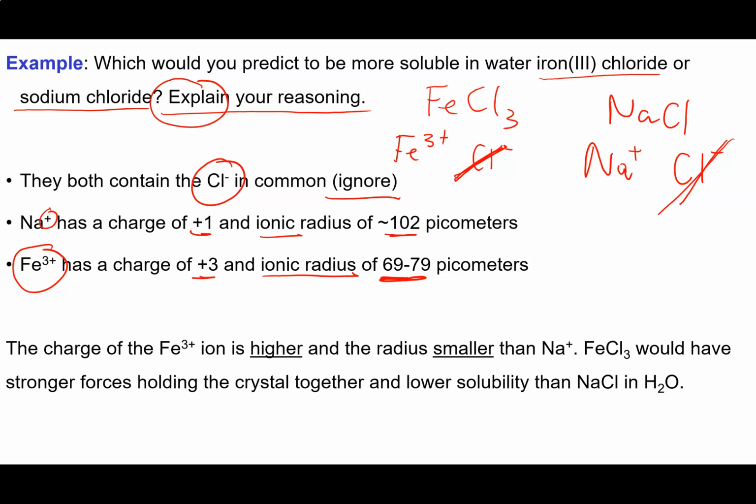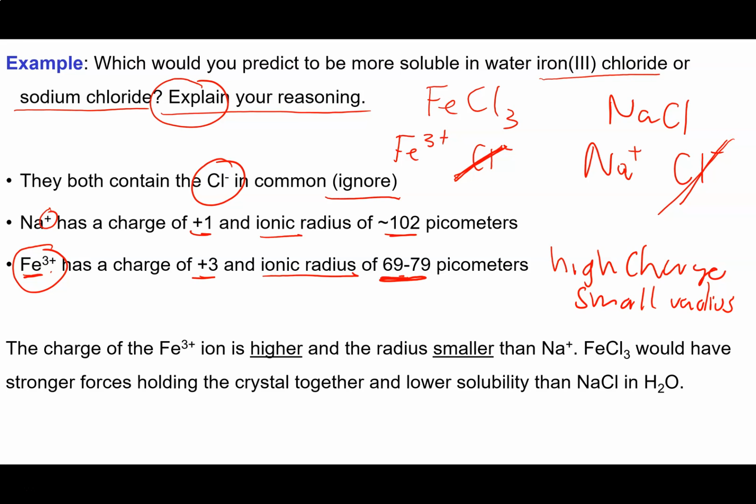So what I see here is that Fe3+ has a really high charge and a really small radius. So high charge, small radius, and that means that its crystals are going to be held together really strongly, right?